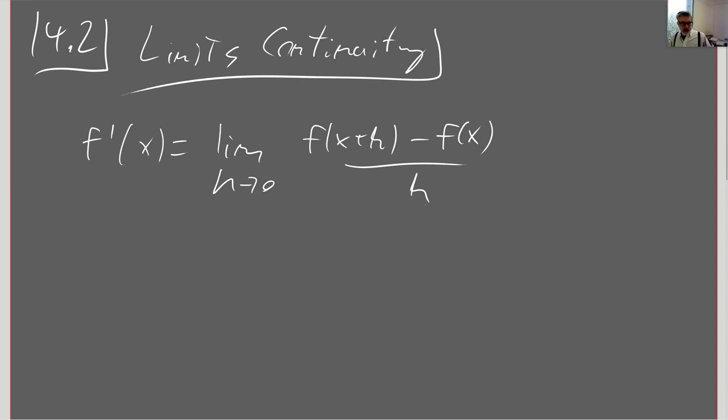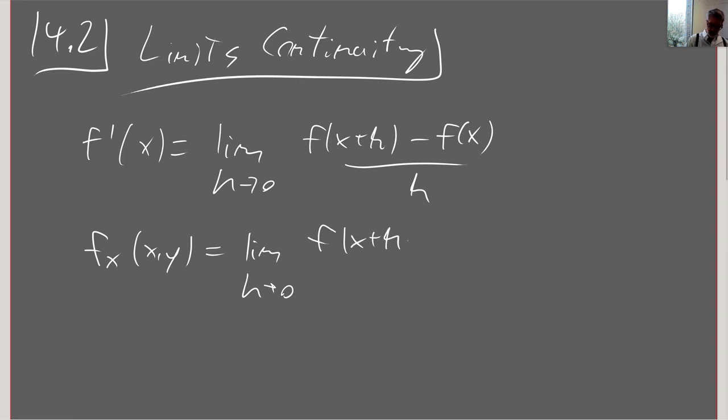And we've talked about when we have a function of two variables, we just keep the y constant. So the obvious thing to do to get the x derivative, let's do the subscript notation, is fx of xy. So this is the x derivative of the function xy. It is going to be the limit as h goes to 0 of f of x plus h, comma y, minus f of xy.